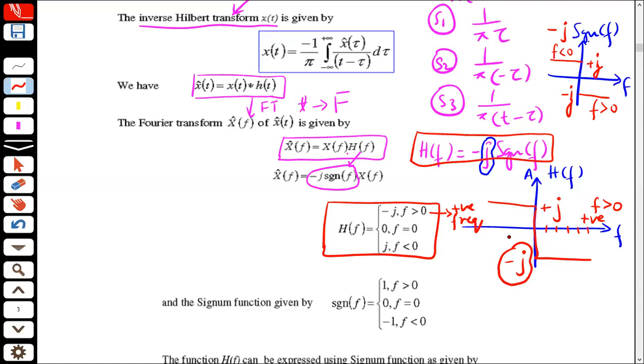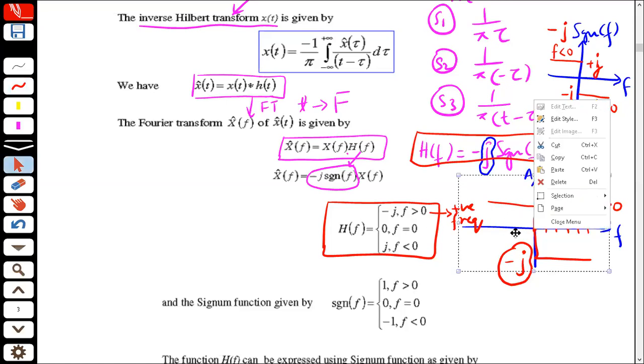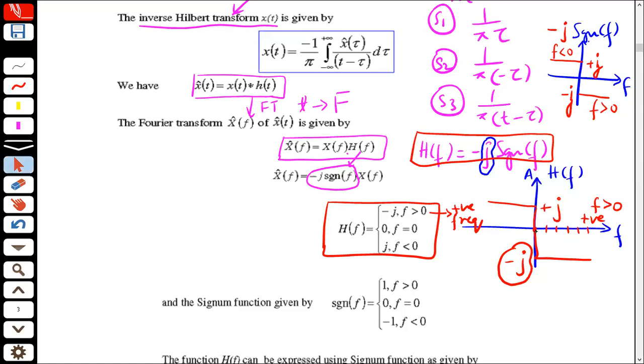And for f equal to 0, you can see that this is overlaying on the y-axis, or in other words, its amplitude value is equal to 0. For frequency values lesser than 0, on the left hand side, what's the amplitude value?